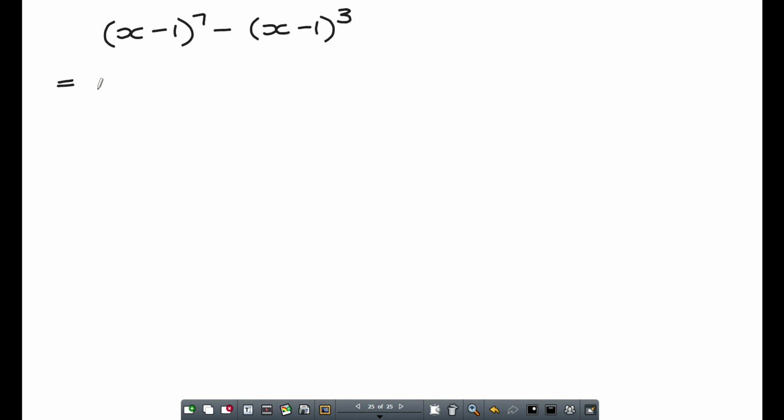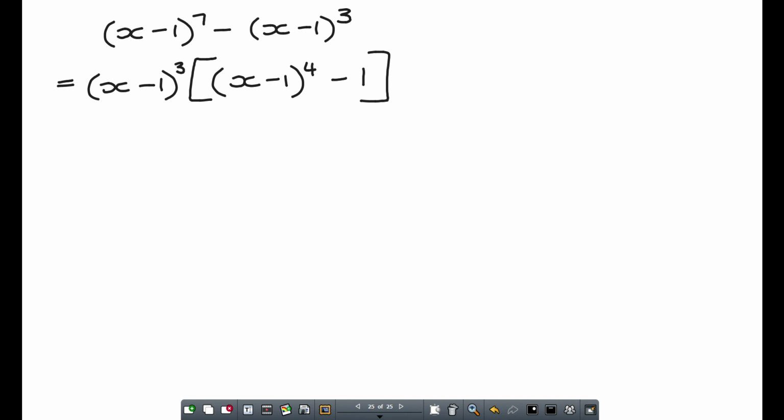So jy gaan uithaal (x minus 1) to the power of 3. Which means that over here, if I take that out, dan gaan ek hê (x minus 1) tot die mag 4 and then minus 1. Is julle reg met dit?